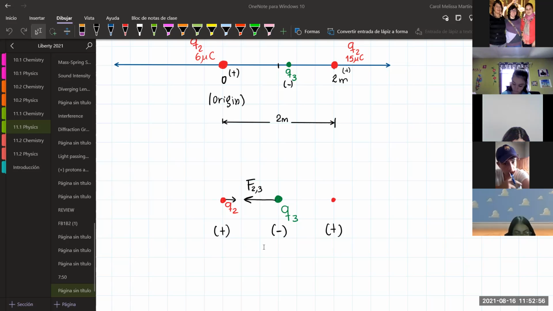okay? Now, between these two charges, what kind of force is going to be exerted? Attraction or repulsion? Attraction. Also attraction, okay? So these charges want to be together.